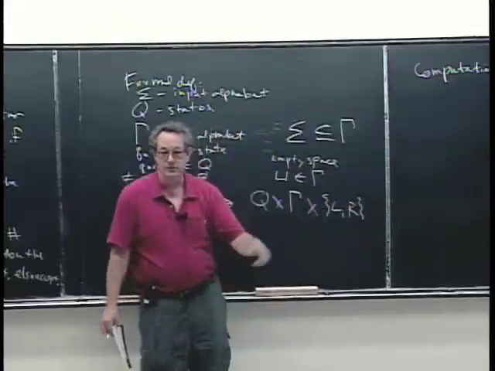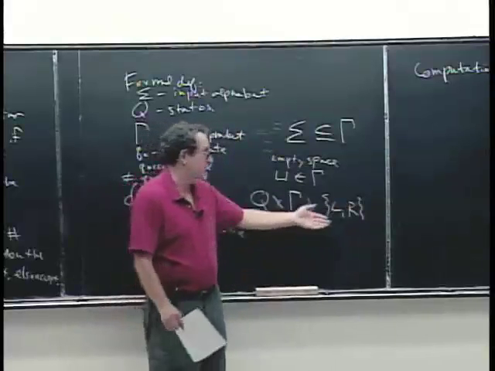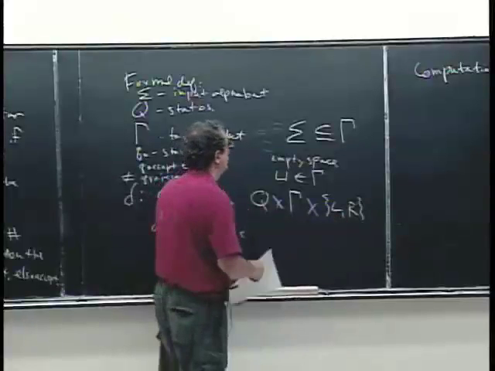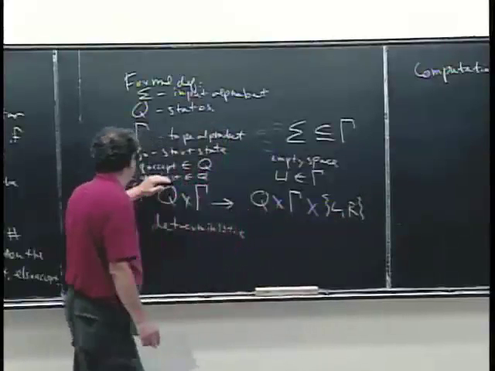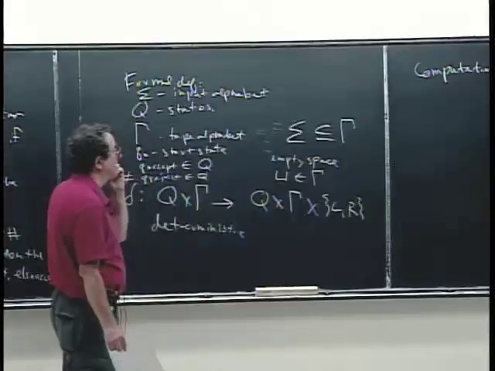And then you just keep doing that, following the appropriate rule, until you're in an accept state or a reject state.